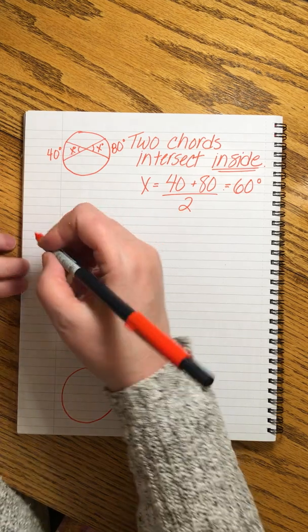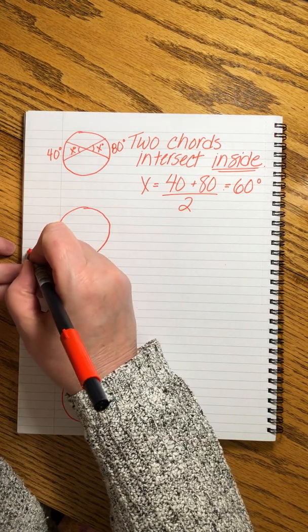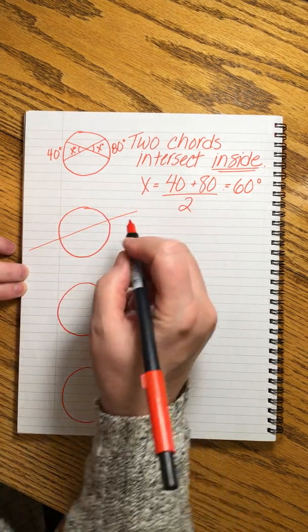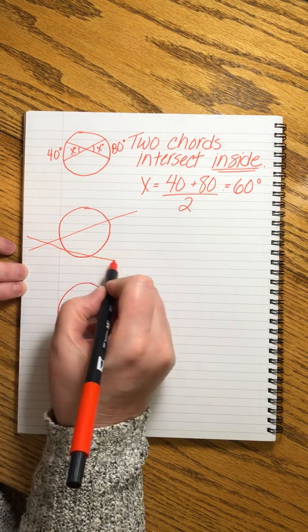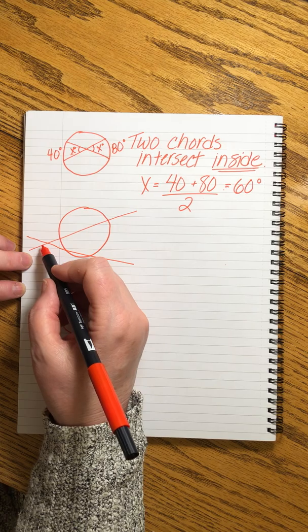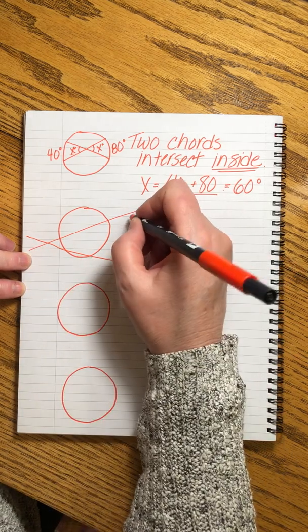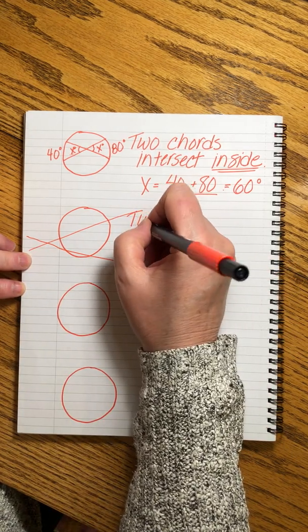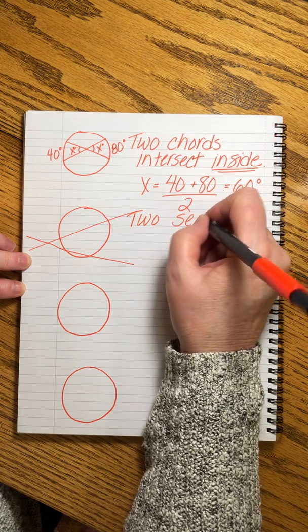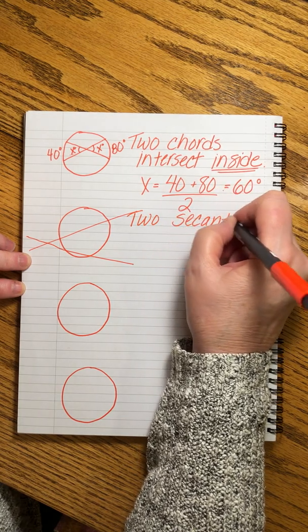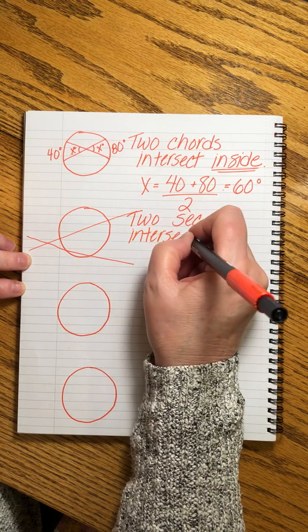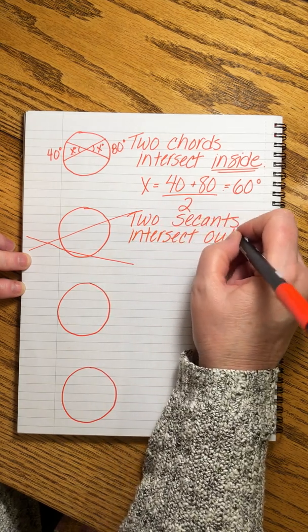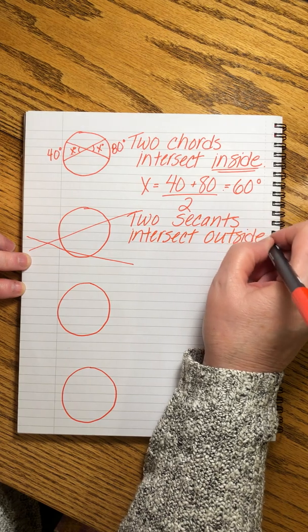In the next example, we're going to look at 2 secants that cross outside the circle, right? So it's 2 secants that intersect outside the circle.